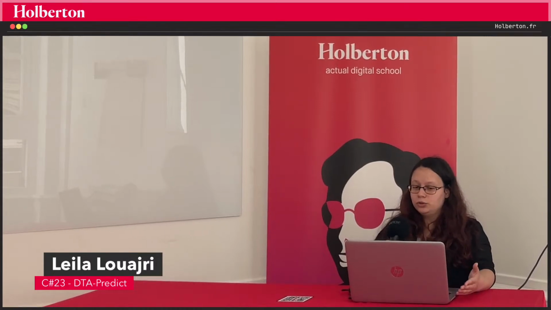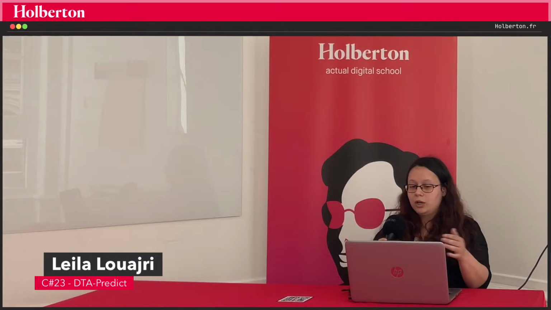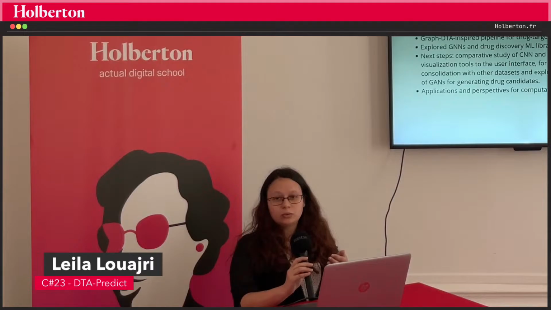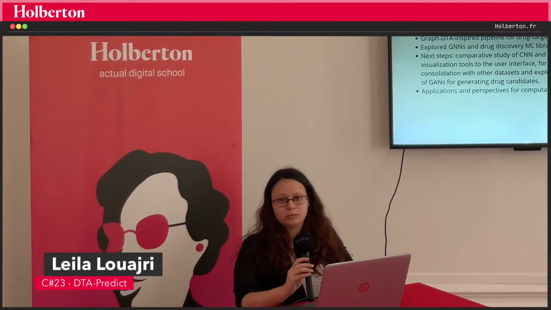And we could use this to predict in advance the affinity and compare in advance the affinity between different molecules. And so we know that if a molecule has a higher affinity, we will choose this molecule to have a better therapeutic effect, for example.